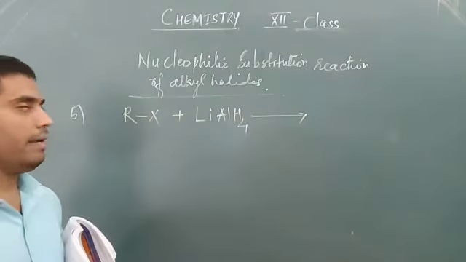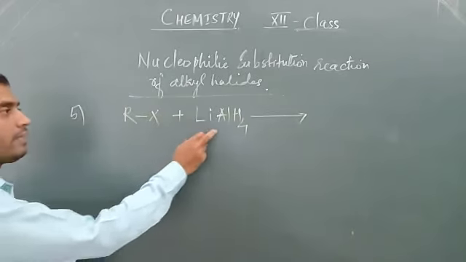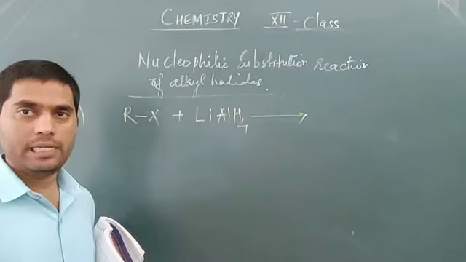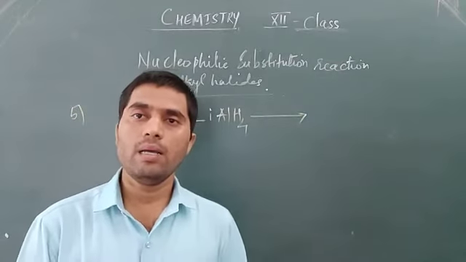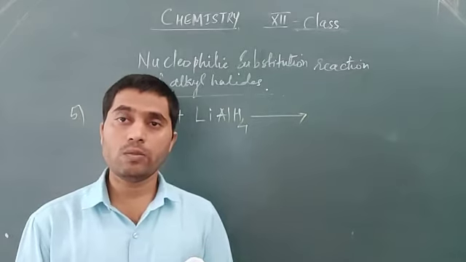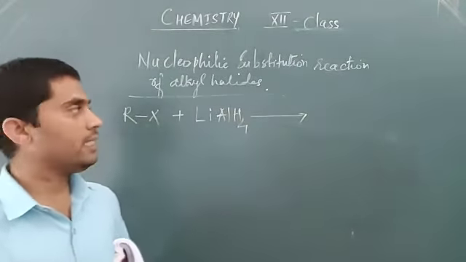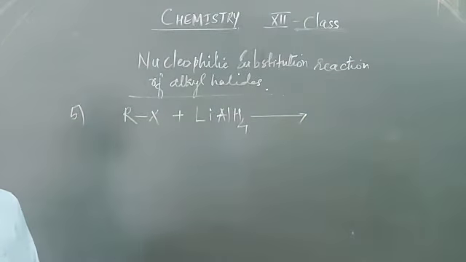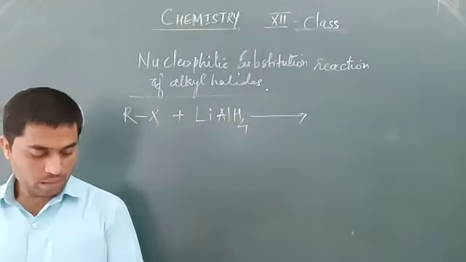Method number 5. Reaction of alkyl halide with lithium aluminium hydride. Lithium aluminium hydride is a potent reducing agent. It is a very strong reducing agent and reduces many compounds.